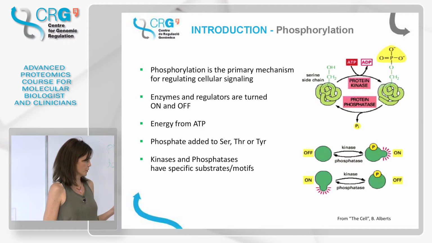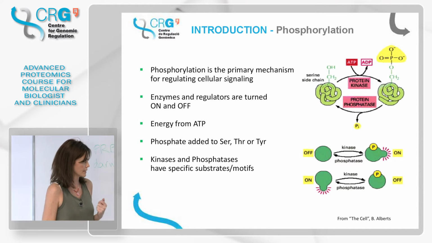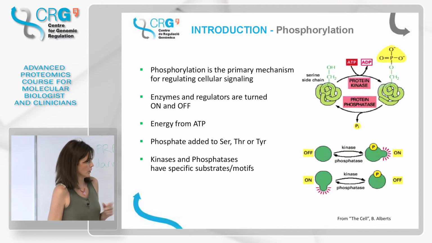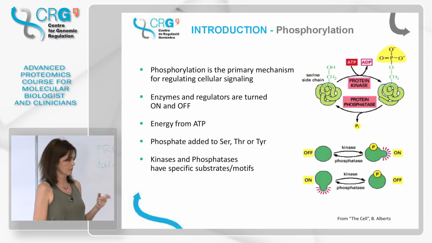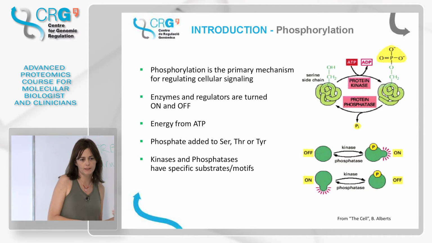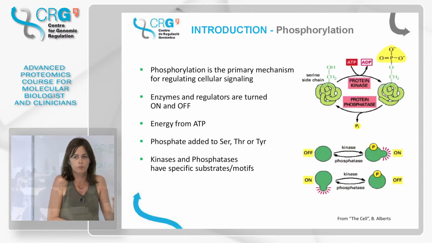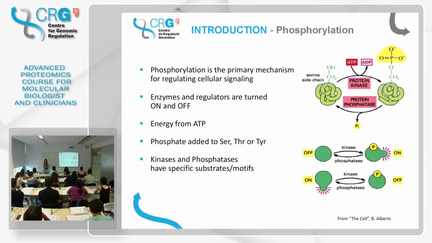Kinases are the proteins that add the phosphate group in the protein, and phosphatases remove it. And the amino acids in the peptide that get phosphorylated are serine, threonine, or tyrosine. And not everything gets phosphorylated, but kinases are pretty specific, and they have some specific substrates or specific motifs that are their favorite ones to phosphorylate.